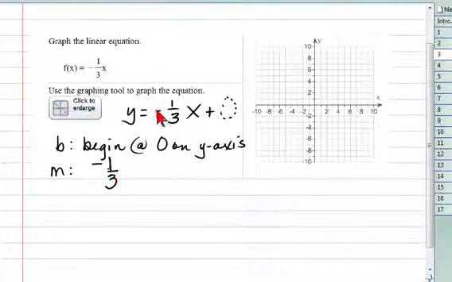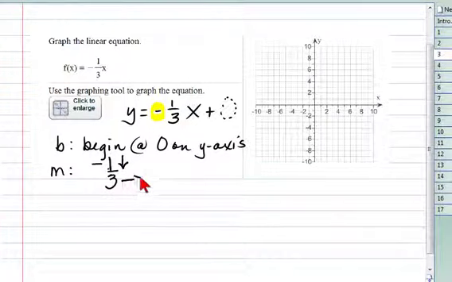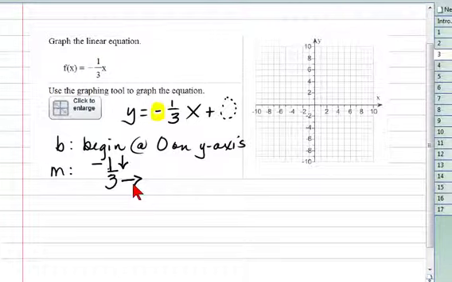So when I have a negative sign on a fractional slope, I personally tend to always attach it to the numerator. Which means what? I'm going to go down 1 and right 3. So let's graph.